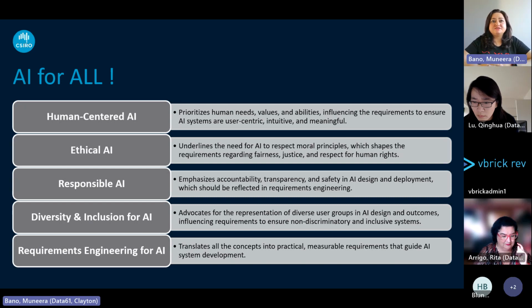And finally, diversity and inclusion in AI, which is the project that I will be introducing later. Now we are very much focusing on human diverse attributes and how to make these systems inclusive. So requirements engineering translates all these concepts, collects the data and makes meaning out of it to convert them into practical, measurable requirements that will guide the development of an AI system.